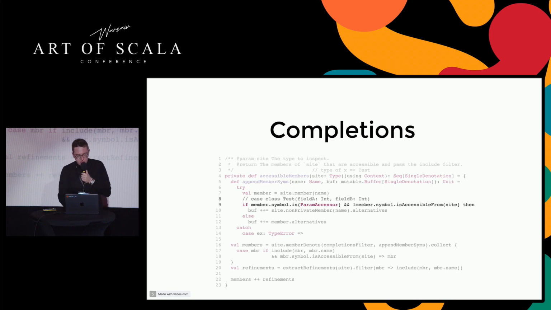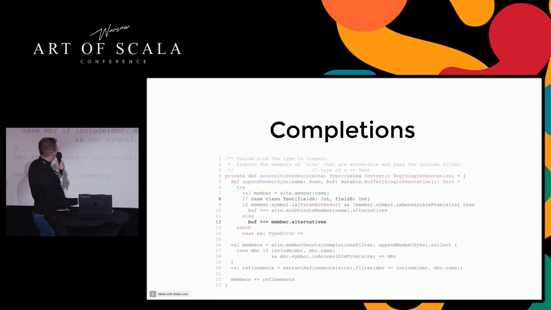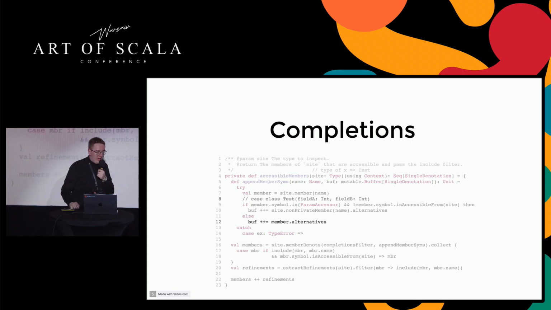Actually, this is param accessor because field A is defined in the constructor, and whether it is accessible from our scope. We return non-private members, or we return all members otherwise. So in this example, they are accessible, so we return the member and all its overloaded definitions.